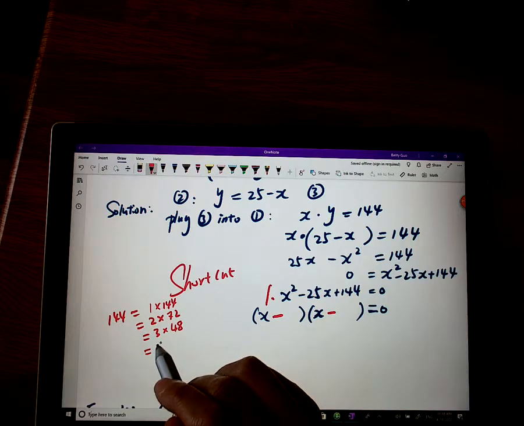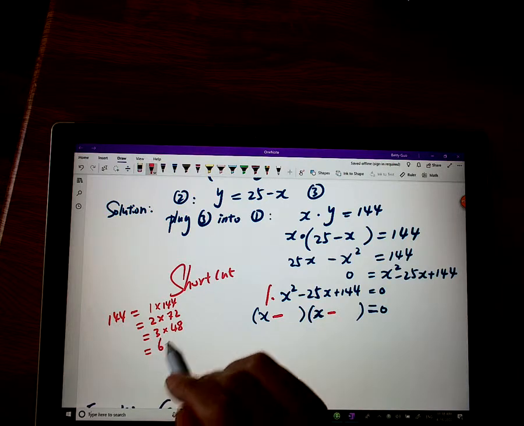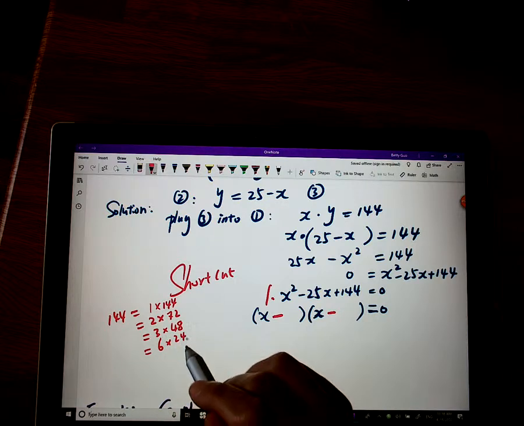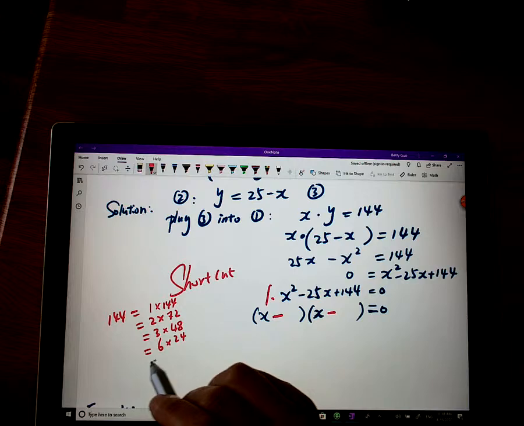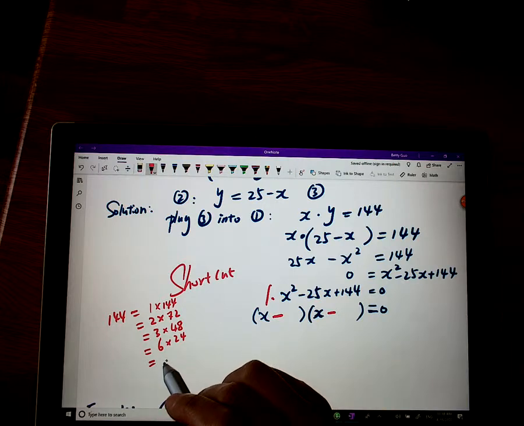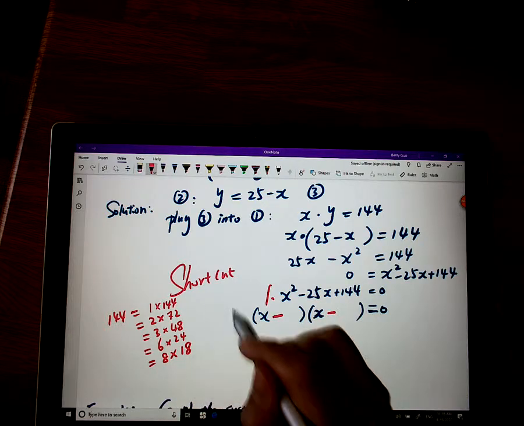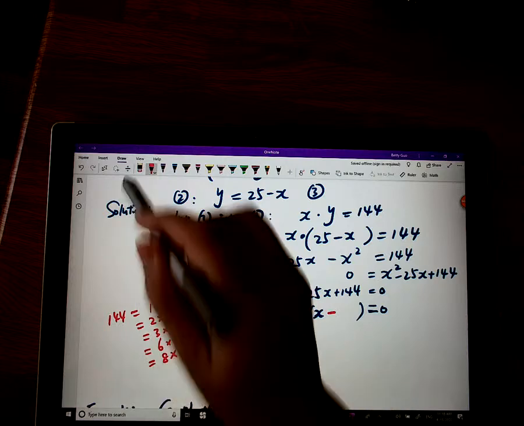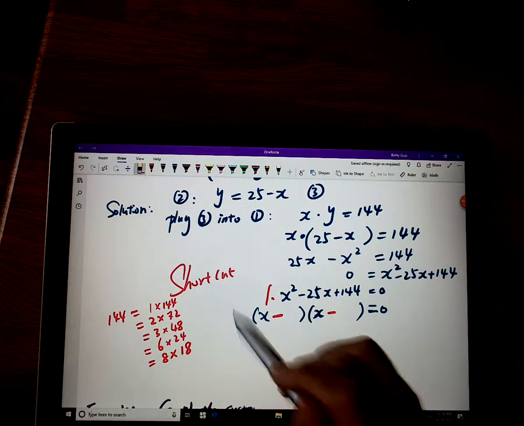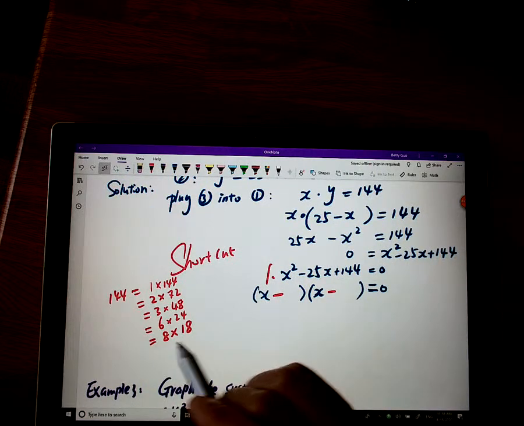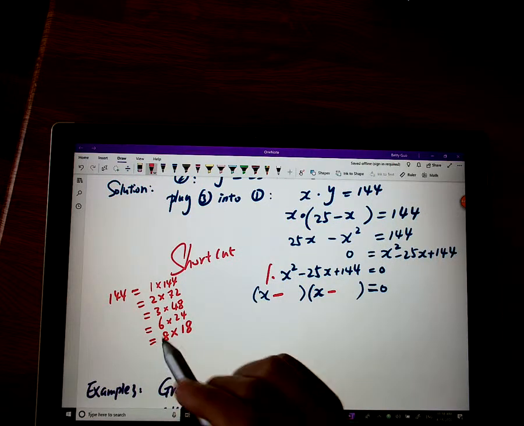5, no, 6, yes. 6 times 24. Let me double check. Yeah. 7 doesn't work. 8, let's try. 18 times 8, yeah. So if you don't remember the shortcut method, this is a chance for you to recall the content.